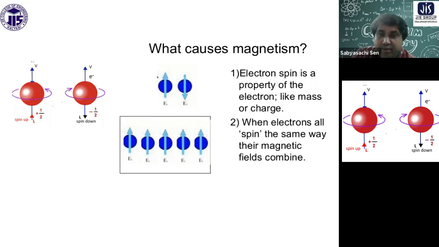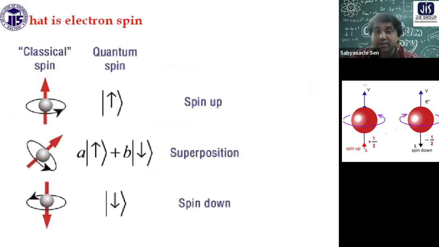So this spin is the key. It may be up spin or down spin. Up spin is one magnetic state, one quantum mechanical state. Down spin is another quantum mechanical state. We may call up spin the zero state and the down spin the one state. You see, there is a beautiful comparison.